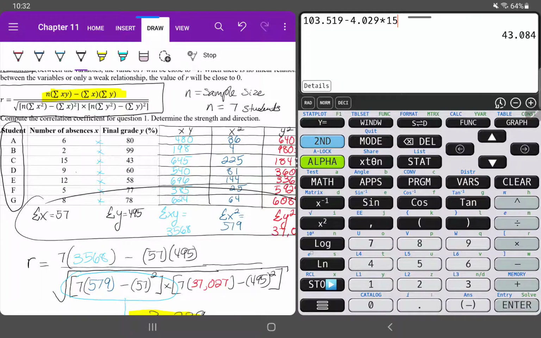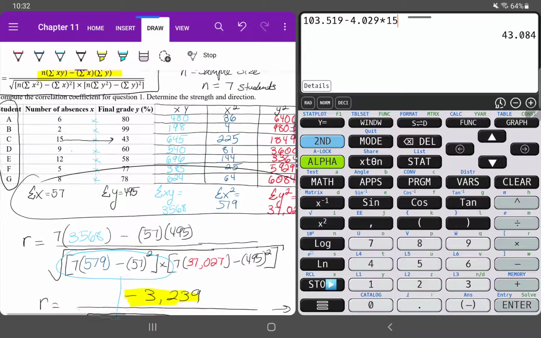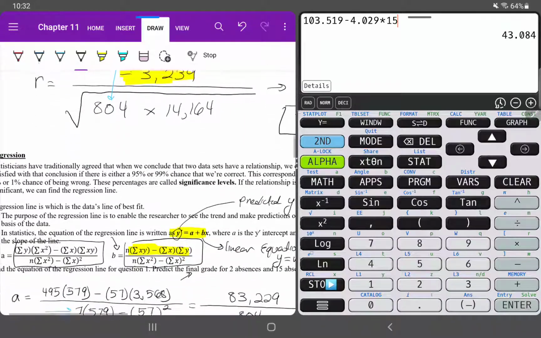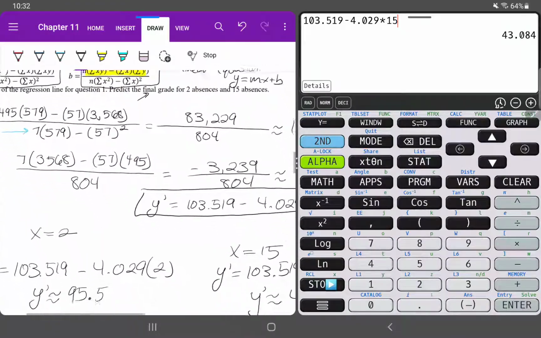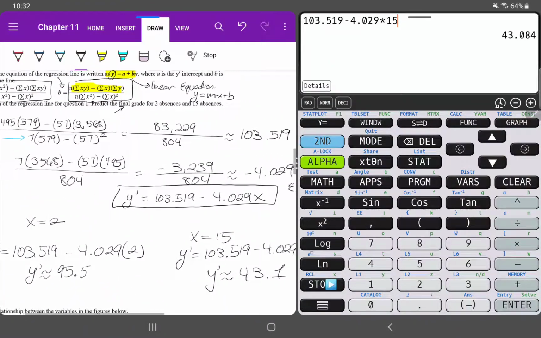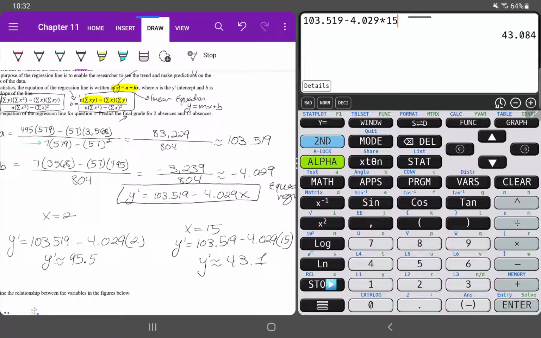The prediction is even stronger when it comes to 15 absences, because when a student has 15 absences, in this case, the actual value was 43 for their final grade. And when we did our prediction, we got 43.1. So we can also conclude that the equation of this regression line is a good predictor.